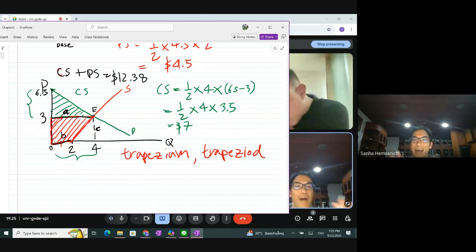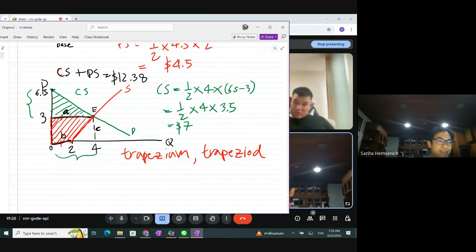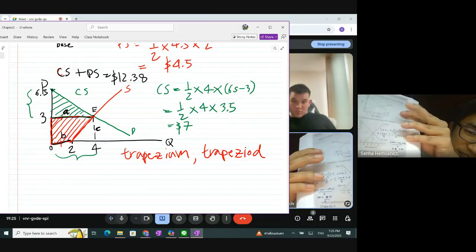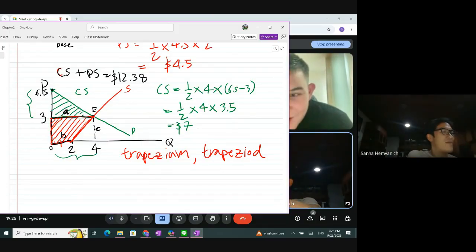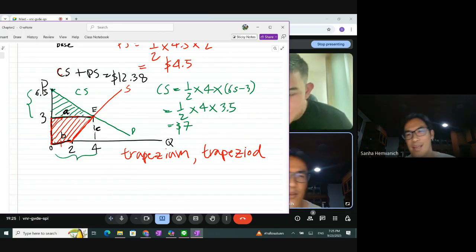But I can give you something simpler than that formula. Out of curiosity, I tried to prove that it is actually the same, but I will not show you the mathematical proof. I think it's just algebra, and I don't think you need it right now.